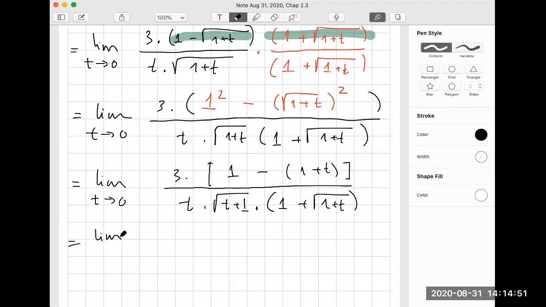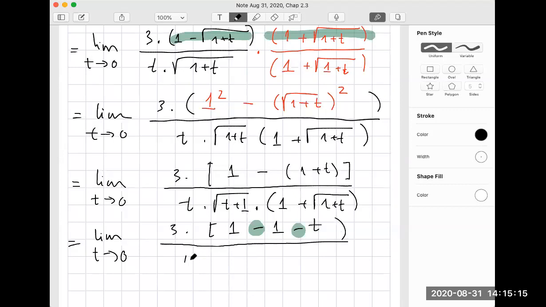So be very careful at this, because many people make mistakes here, and even I sometimes make mistakes here, and that makes the whole thing wrong. Remember, let me make it very important right here. And t, 1 plus t, 1 plus square root of 1 plus t.